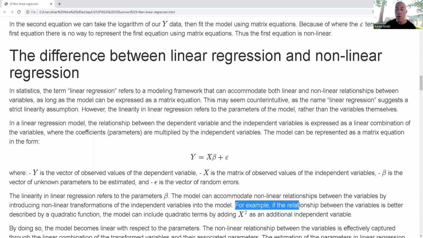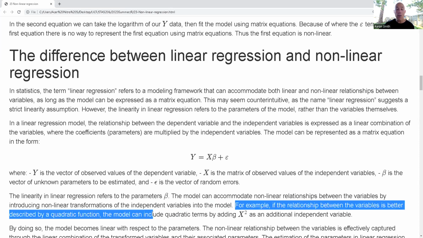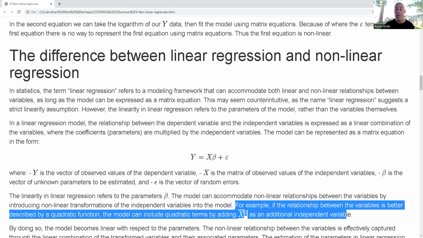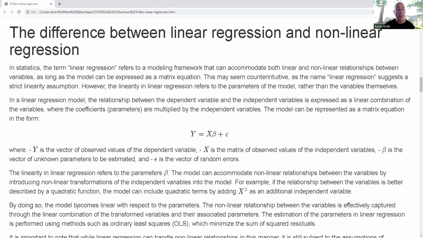For example, if the relationship between variables is better described by a quadratic function, the model can include a quadratic term such as x squared as an additional independent variable. By doing so, the model becomes linear with respect to the parameters.